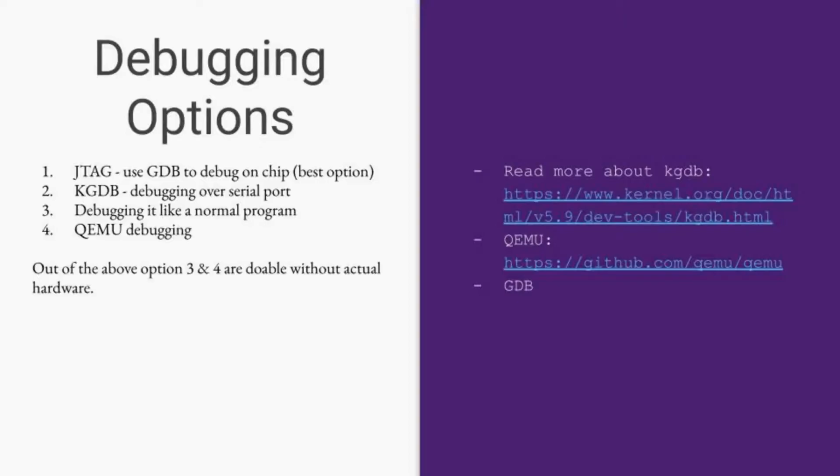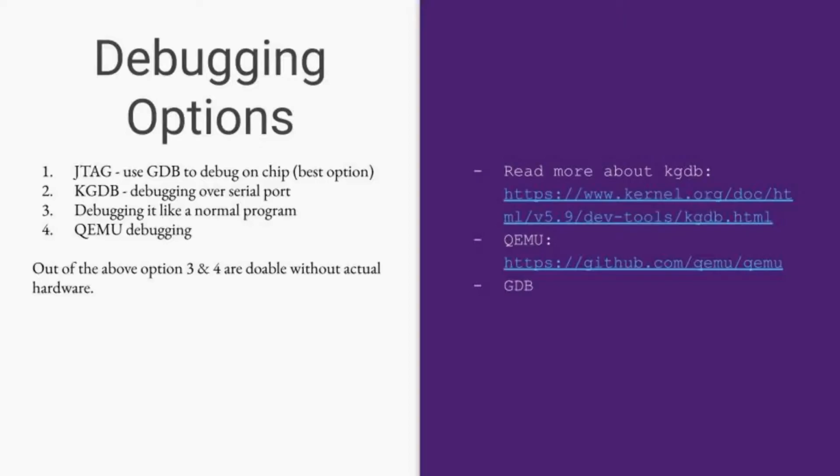So just to cover a little bit about debugging options that we have, you have basically JTAG debugging, where you connect to your actual hardware, to your board, and you use GDB to interact with the chip directly. You can pause the execution on the chip. You can inspect the current program counter value, where the program is at the moment, and dump memory, dump variables, and things like that.